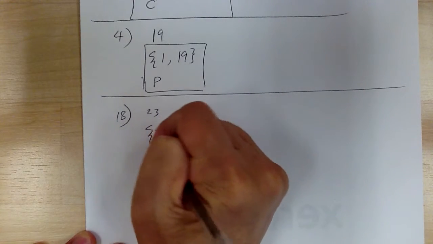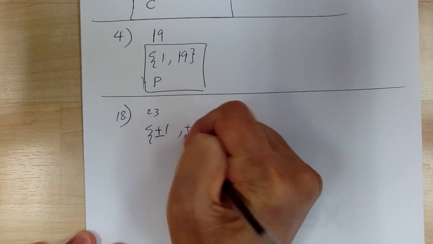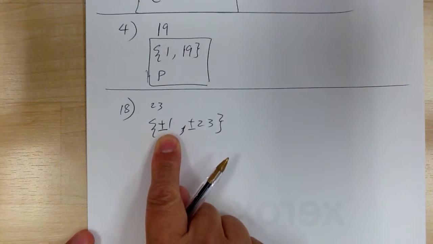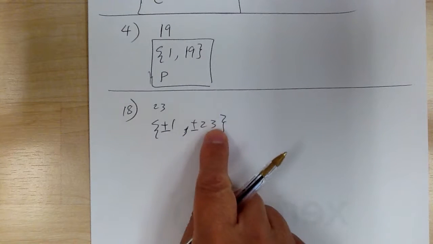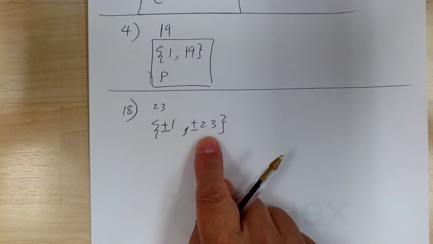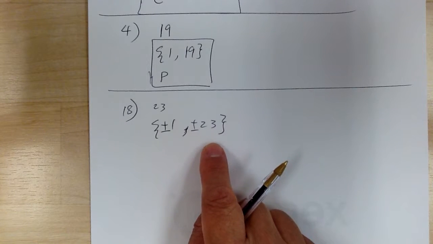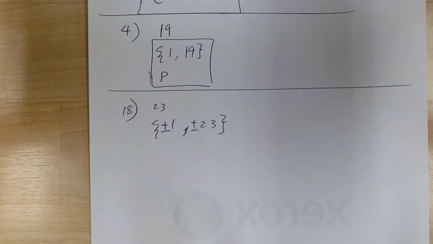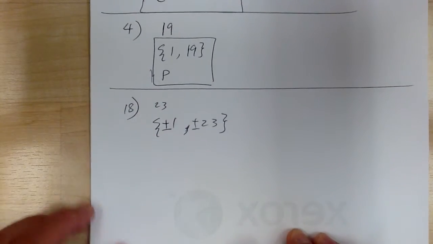So it would be plus or minus 1, plus or minus 23. Okay, so this is 2 numbers here. This is positive 1 and positive 23, and also negative 1 and negative 23. So there are a total of 4 numbers over here. So these are all the factors. When it says all, it means including the negatives.